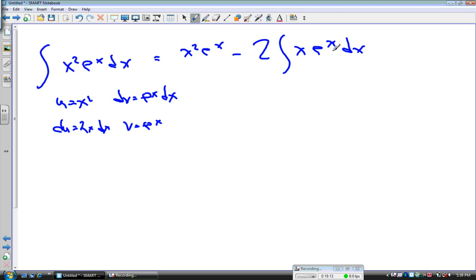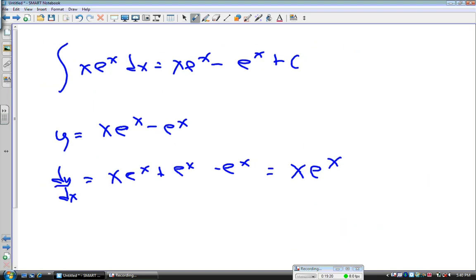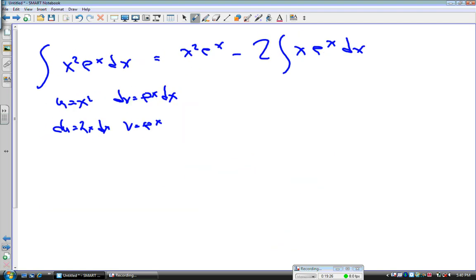But guess what? This is another by parts. Now, you could do it again, but we did this one already. Didn't we do this one? Let's see. Ding, ding, ding. There it is: x e to the x minus e to the x. So let's use that. It equals x squared e to the x minus 2 times x e to the x minus e to the x plus c.